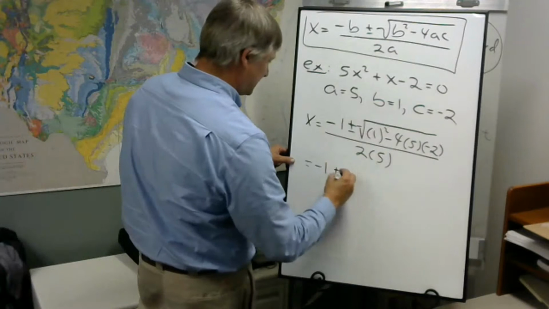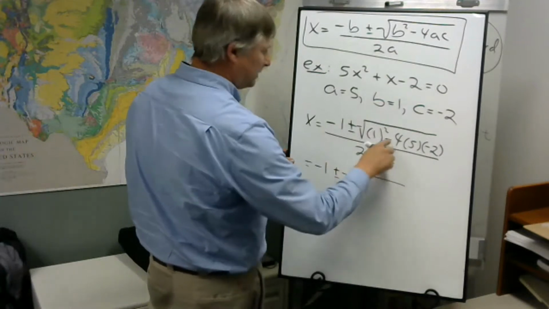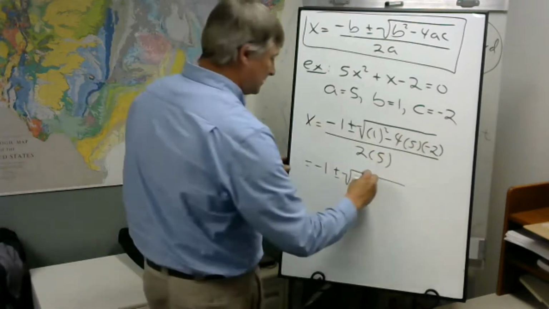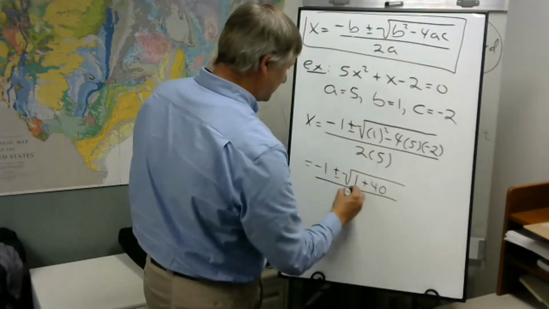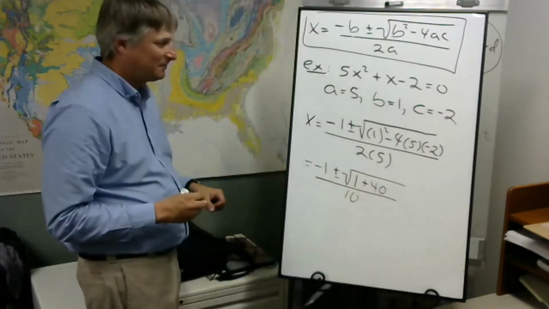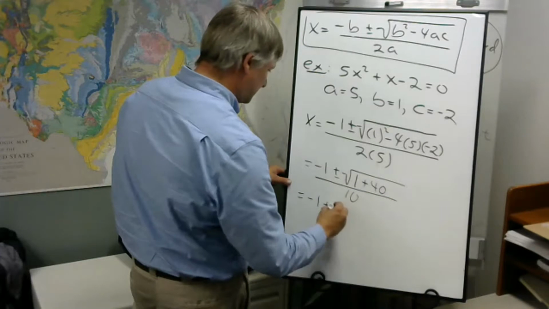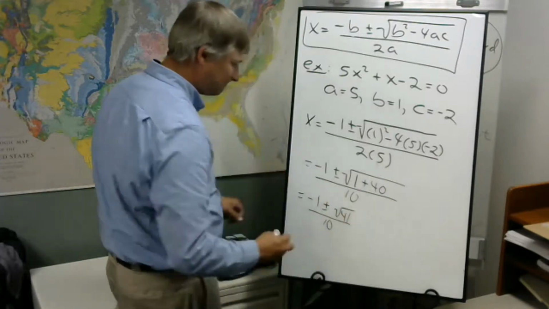So this becomes -1 plus or minus the square root of 1, -4 times 5 times -2, that's plus 40, over 10. Or -1 plus or minus the square root of 41 over 10.